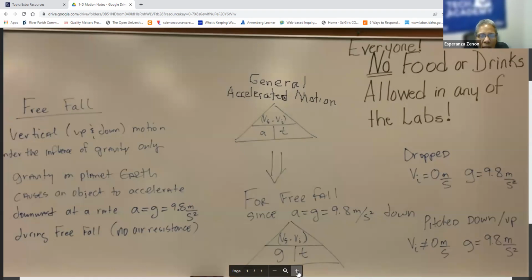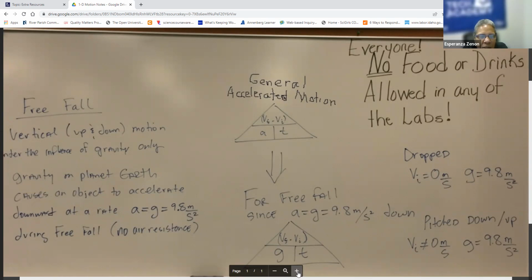Okay. Now, that first pyramid means that our object can accelerate, like if it's moving horizontally. Okay. So that's why I say general accelerated motion. If the object is moving in any kind of way where it's accelerating, you can use that first pyramid.